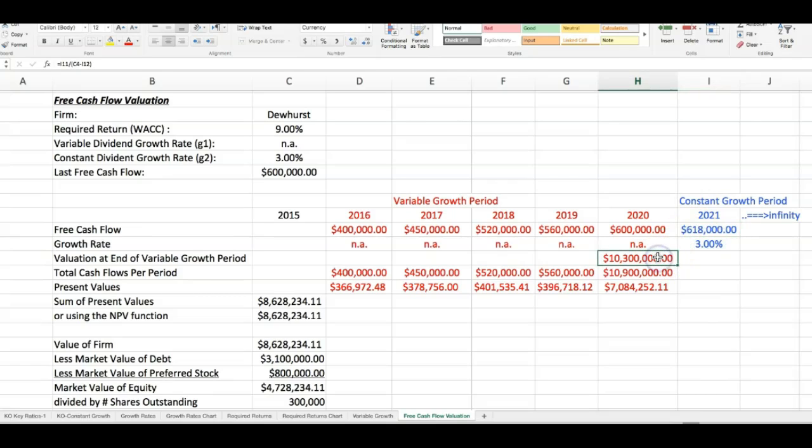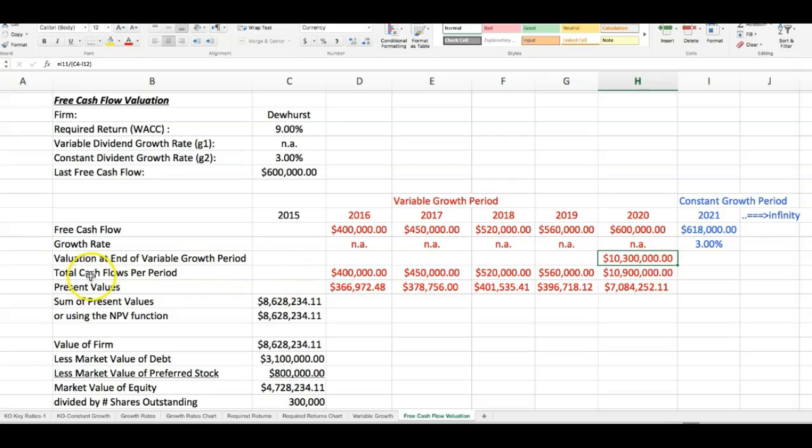We can then apply our constant growth rate formula, and instead of using dividends, use free cash flow to calculate the present value of all those future free cash flows in the constant growth rate period, and that works out to be $10.3 million. You can look at the cell here. We're just applying that constant growth rate formula where we're taking the $618,000 divided by the difference between our required rate of return of 9% and our 3% long-term constant growth rate. That yields us $10.3 million.